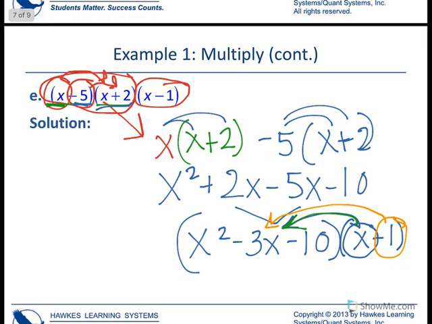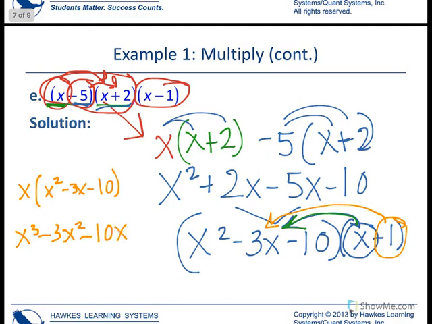So if I started with the x first, then I would end up with, let's see, we have x squared minus 3x minus 10, and together that's going to make x to the third minus 3x squared minus 10x.